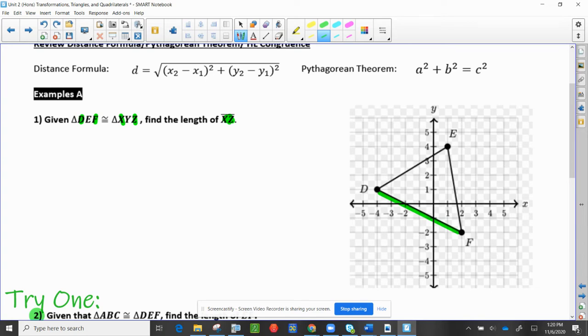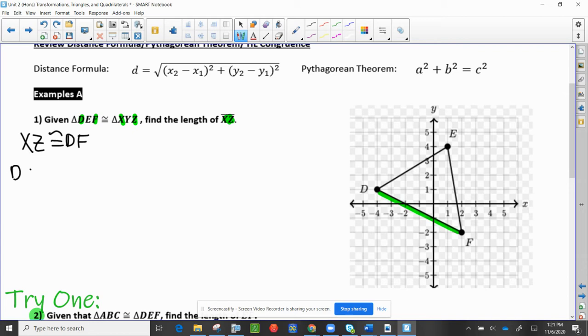So we're going to use the coordinate plane to do this. I'm going to grab the ordered pairs from there. We know that XZ is congruent to DF, and then we're going to use the picture of DF to actually find the length, because if I find DF, then I find XZ.